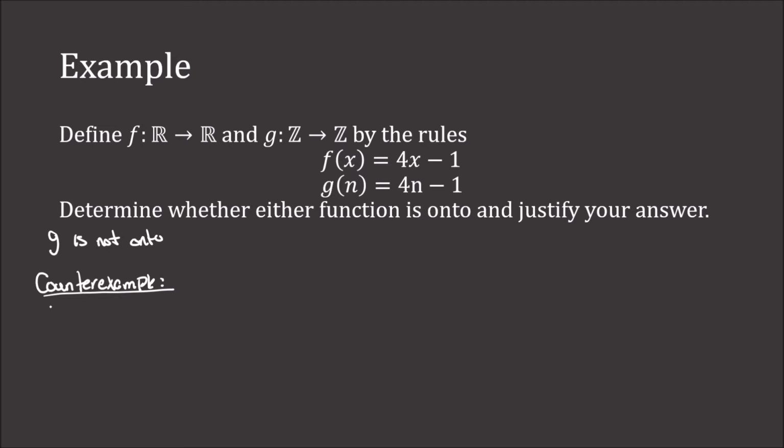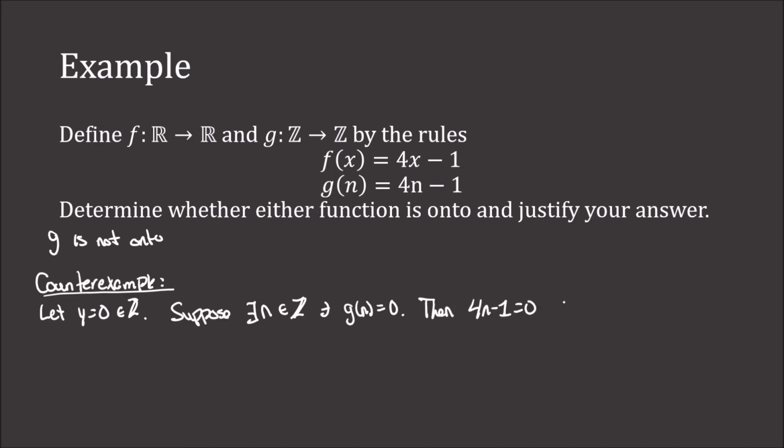However, let's say y equals 0, and this is clearly an integer. Now let's suppose there is an n in the integers such that g of n is equal to 0. Then this would mean that 4n minus 1 is 0.